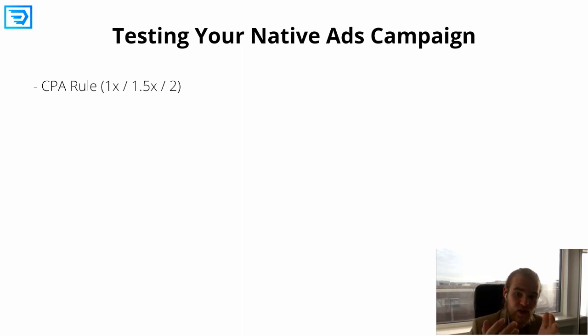So if your CPA is $40, your payout, and you choose the 1-time CPA rule, that means you're gonna run every single placement up until $40, unless there's a conversion, then you would do it again, right? So basically you would run till minus $40.